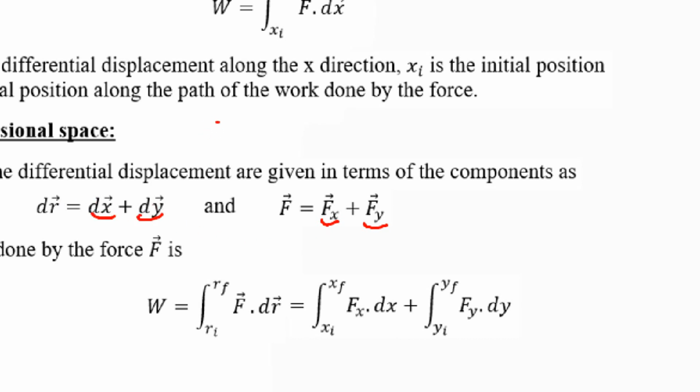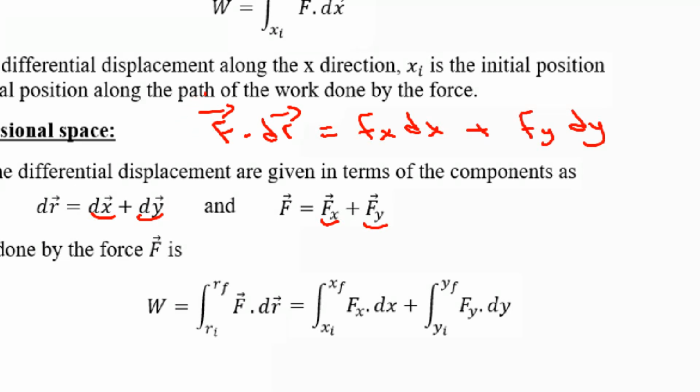So if we're doing the dot product of F dot dr, that would be Fx multiplied by dx plus Fy multiplied by dy, and now we can integrate here, and here. The boundary is from initial position to a final position. Here would be initial horizontal position, final horizontal position, initial vertical position, final vertical position.